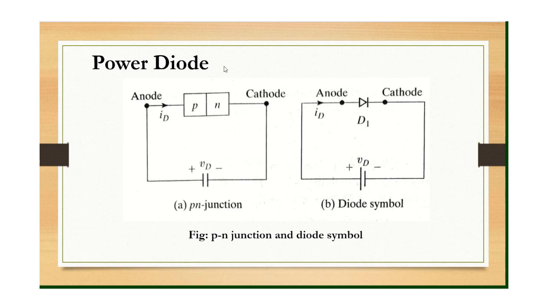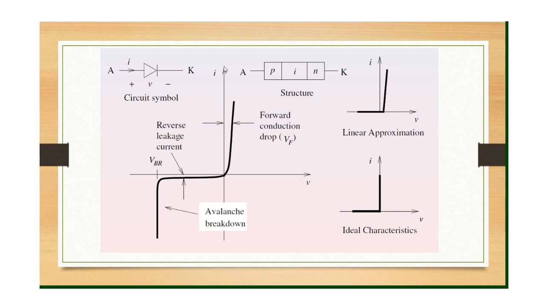When the cathode potential is positive with respect to the anode, we say the diode is reverse biased, right? As this potential increases, we know that there is some small leakage current. You can see here there is a small leakage current.